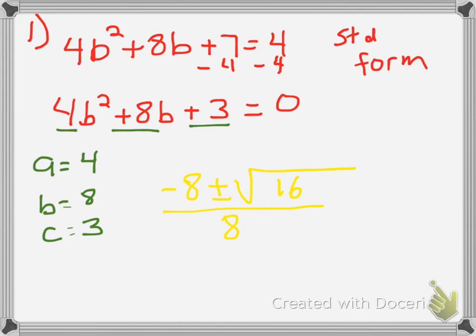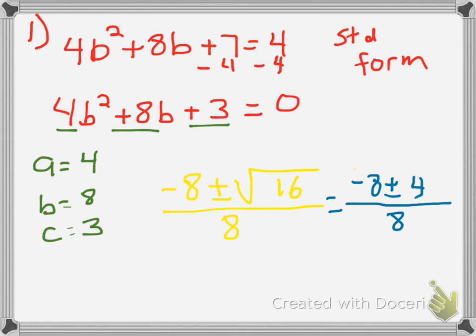Now, I'm going to go blue. Okay? Now, let's keep simplifying. That's all you're doing. You're just algebraically crunching these numbers. The square root of 16 is a perfect square. I'm going to go ahead and do that. That's going to be negative 8 plus or minus 4 all divided by 8.